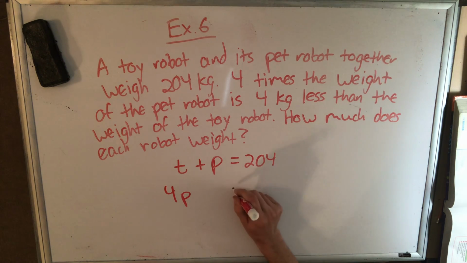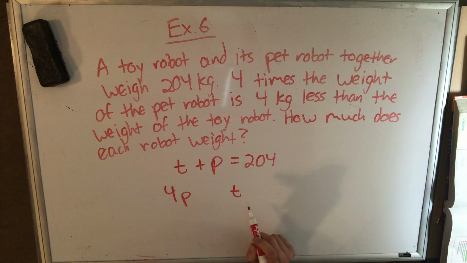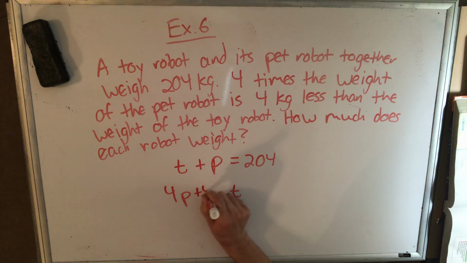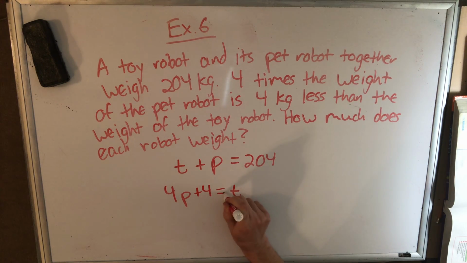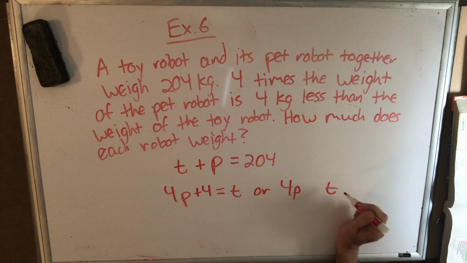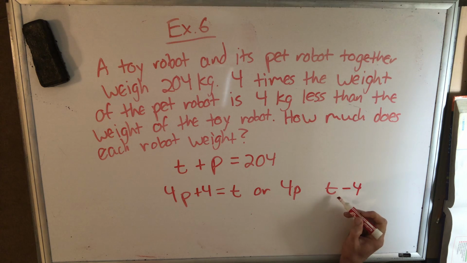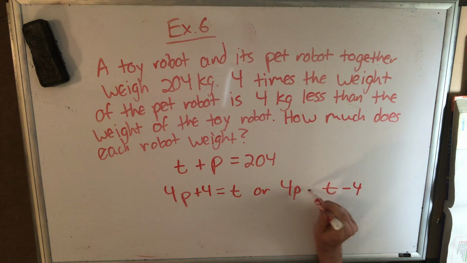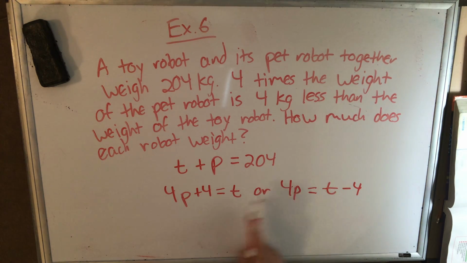And we have the weight of the toy robot T. It's saying in that second sentence that 4P is 4 less than T. So to make them equal, you either add 4 to the side that's 4 less, or you can subtract 4 kilograms from the side that is 4 kilograms more than the other side to make them equal. So either of these equations works.